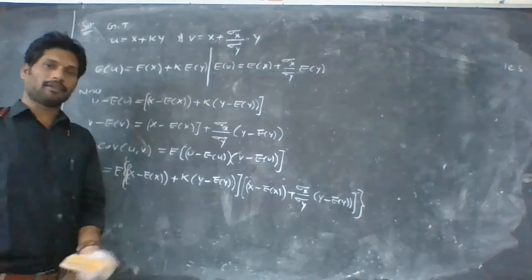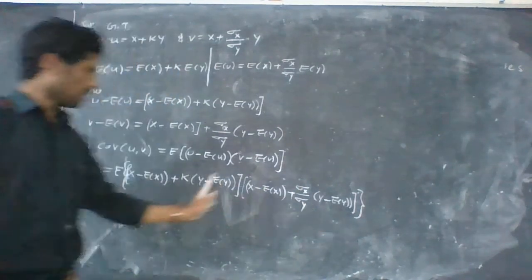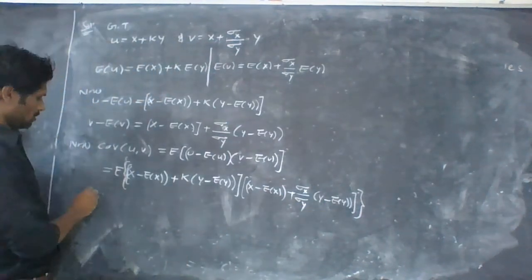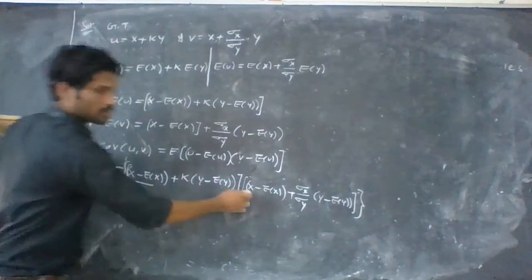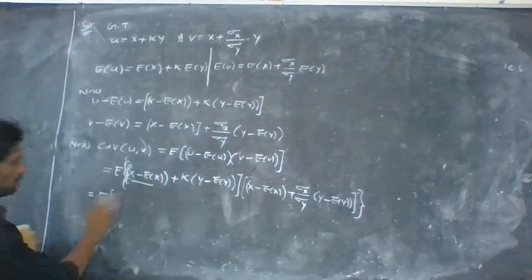So multiplying this term by two terms and this term by two terms, first we go to expectation of this into this and taking expectations on both sides.